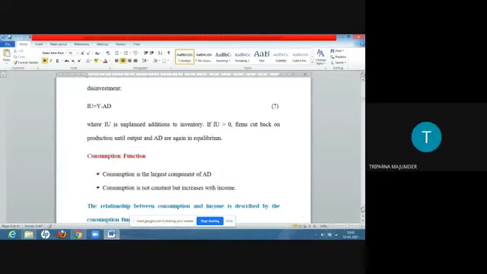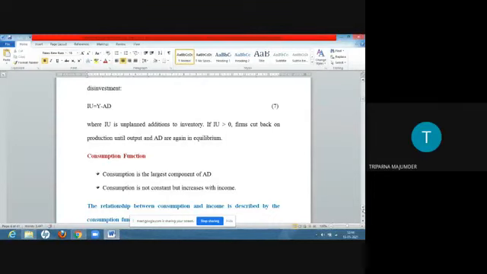As you were saying that you want to see it diagrammatically, before going into diagrams, we have to learn about the Keynesian consumption function. We all know that consumption is the largest component of aggregate demand. Consumption is not constant in our model, but it increases with income.